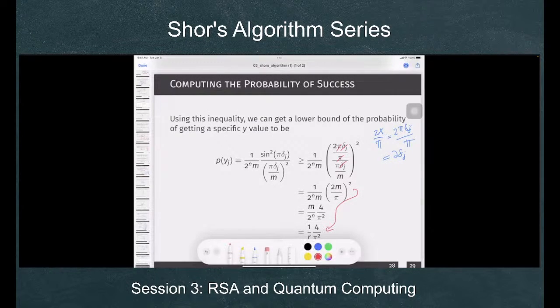So what happens is that it's actually independent of m, no? We don't really care what m is. So you cancel m.